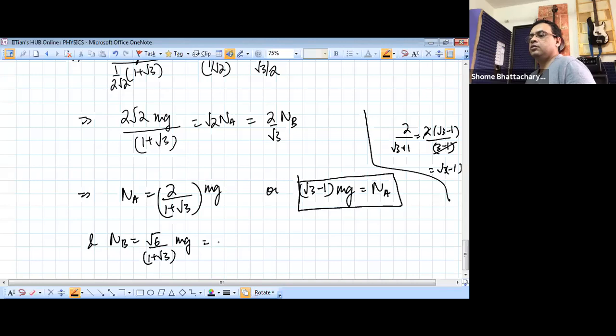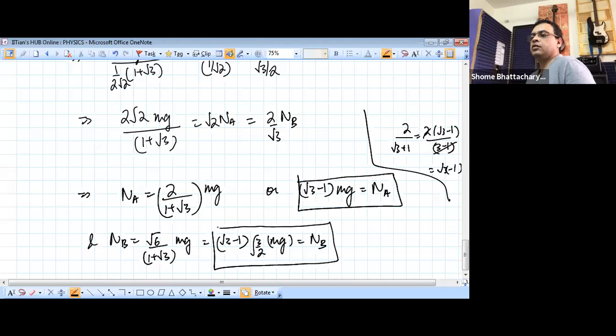So it will become root 3 minus 1 into root 3 by 2 Mg. This becomes Mg. So these are two ways of doing the question.